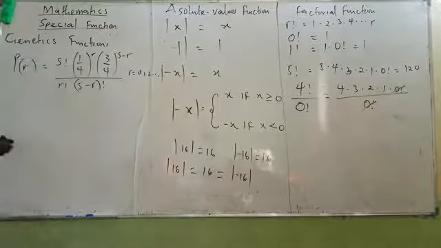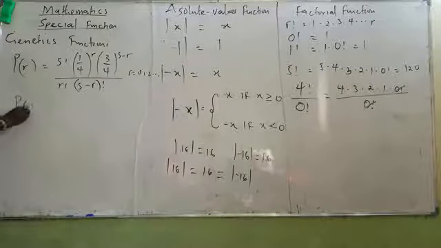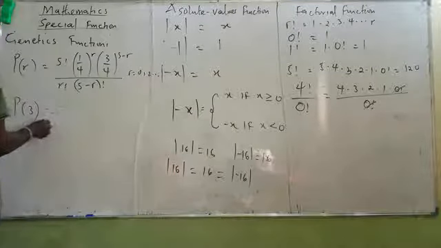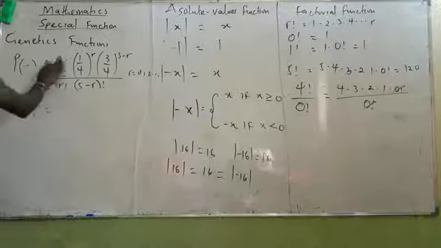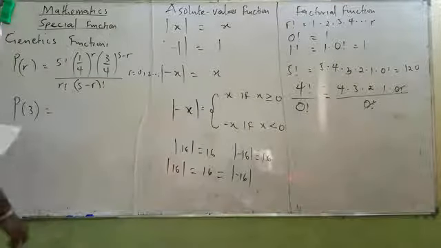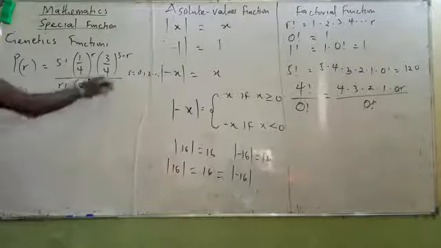Now, this is a very good example of a genetic function. If I set my x to be 5, sorry, let me put this one as 5. 5 factorial, so I'll be able to have it. This will also be 5.